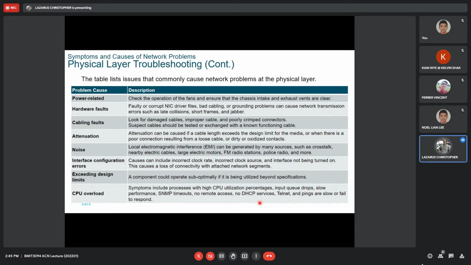It could shut down because it's protecting itself, right? So you can see exceeding design limits, and when we talk about CPU overload, there are also design limits to it, isn't it? This CPU can be your host CPU, your GPU, your switch CPU, your router CPU, any device CPU, right?